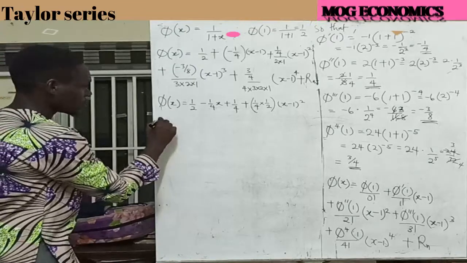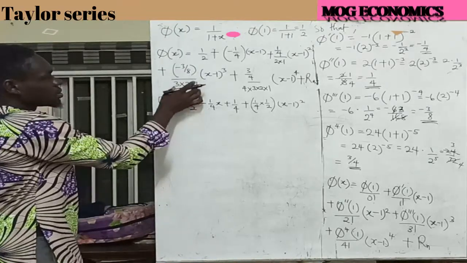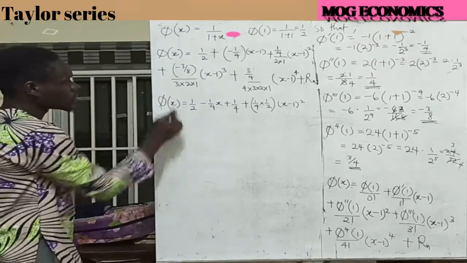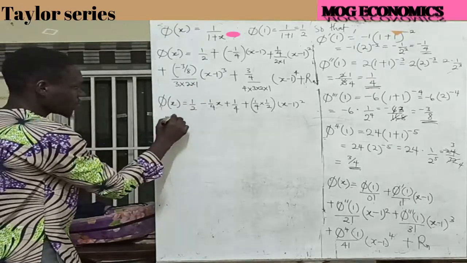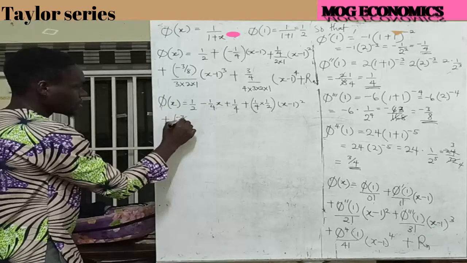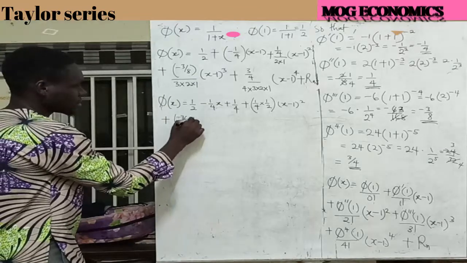Here plus this from here, this is 6, and this becomes 6.